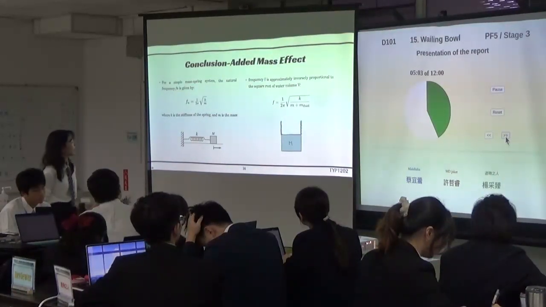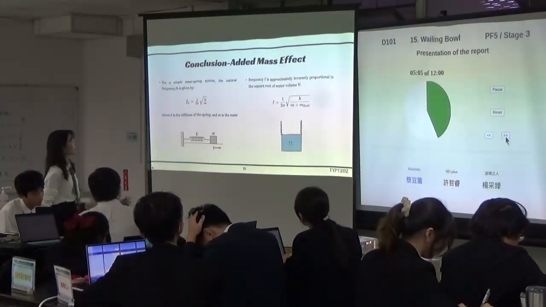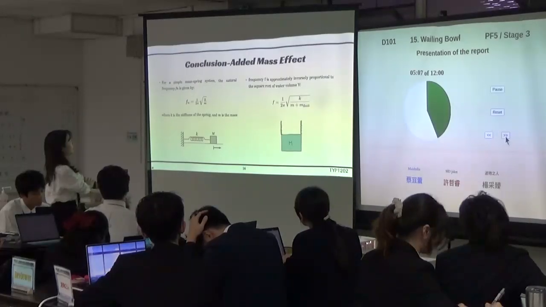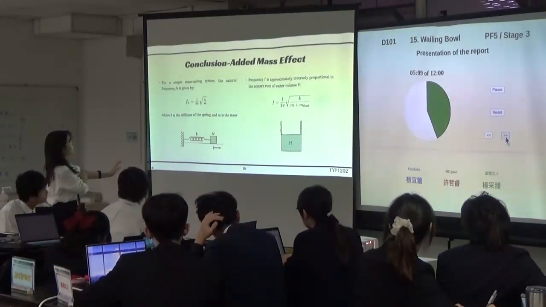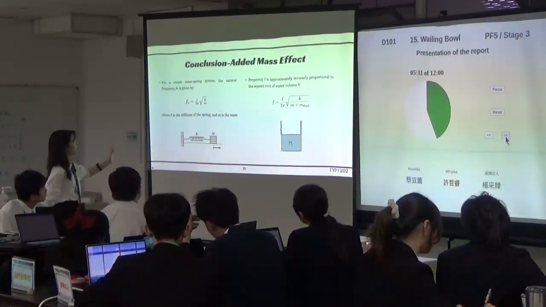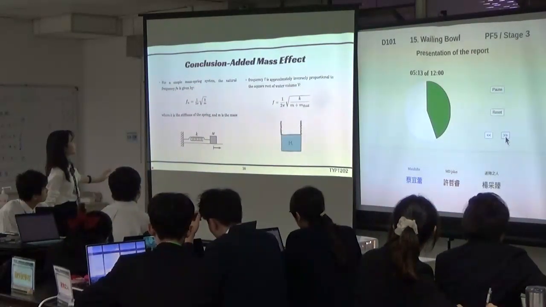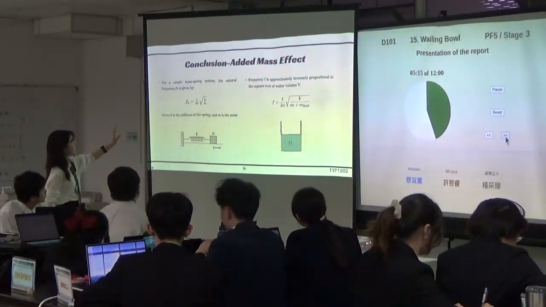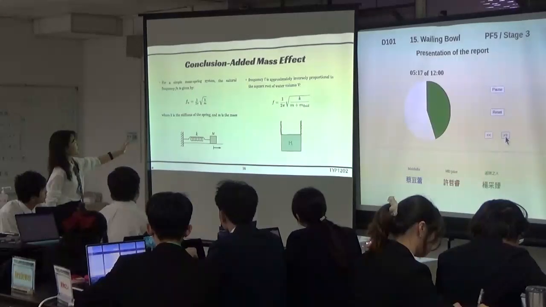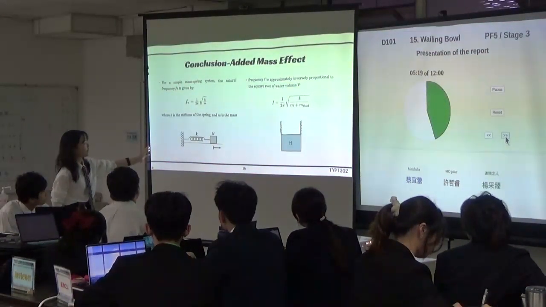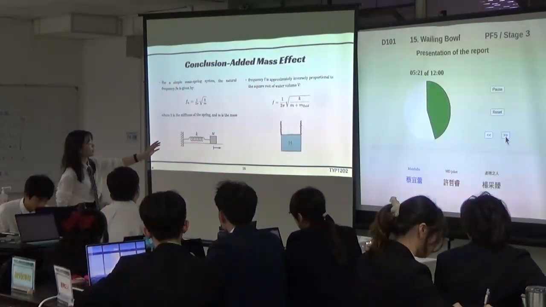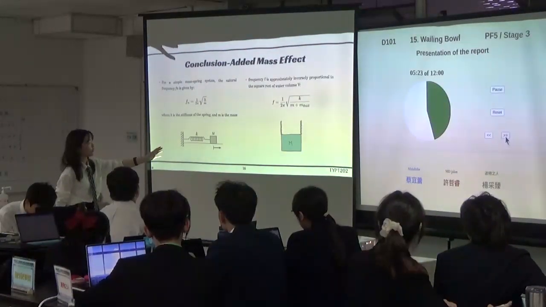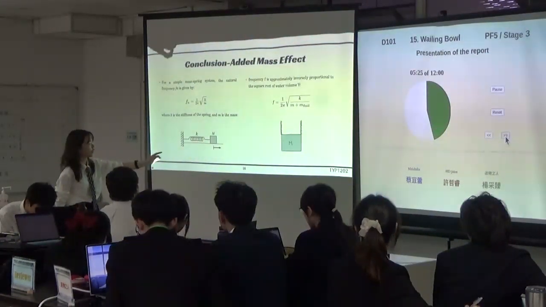So we can echo our theory of the simple mass-spring system, where the natural frequency is given by this, and k equals the stiffness of the spring. Compared to that, our mass can be varied as the volume of the water inside it.